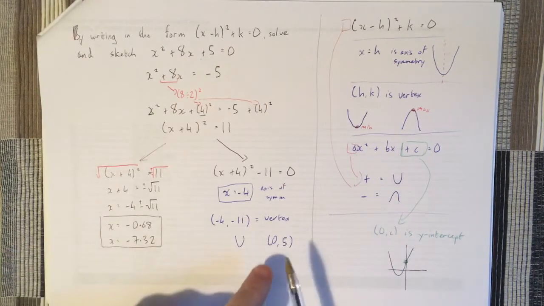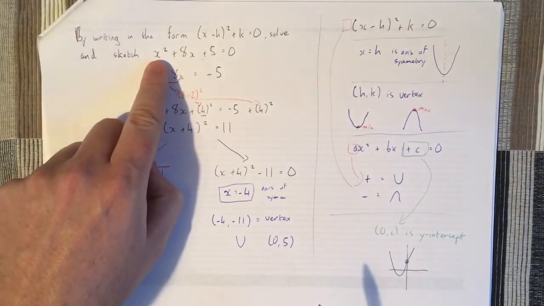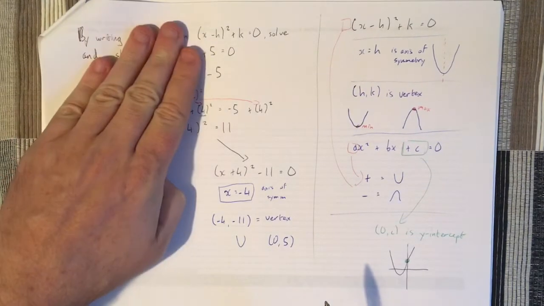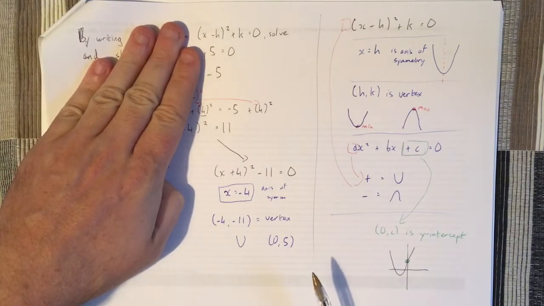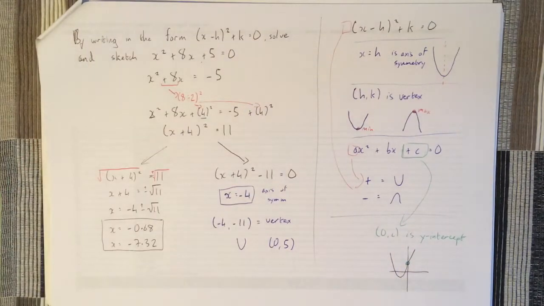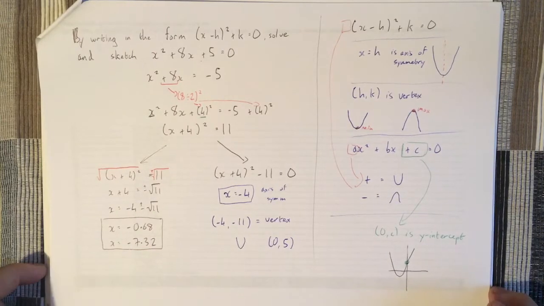The reason for that is if you subbed 0 in for x squared, that'd be 0. If you subbed it in for that, that would be 0. You're just left with plus 5. So when you sub 0 in for x, and you know the y-axis is the line where x is equal to 0, you're not moving left or right, you're left with 5. Okay, so 0, 5 is where it crosses the y-axis.